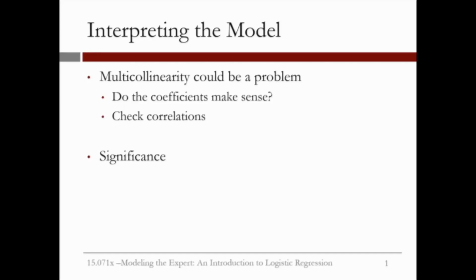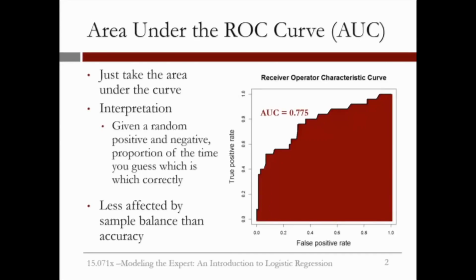The next important element is significance. So how do we interpret the results, and how do we understand whether we have a good model or not? For that purpose, let's take a look at what is called area under the curve, or AUC for short.